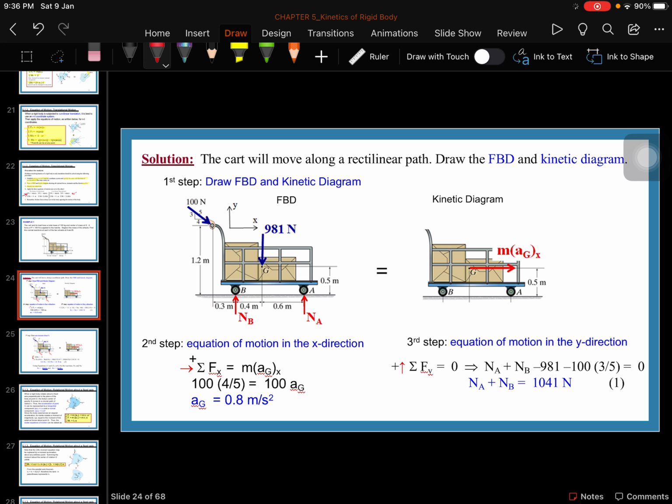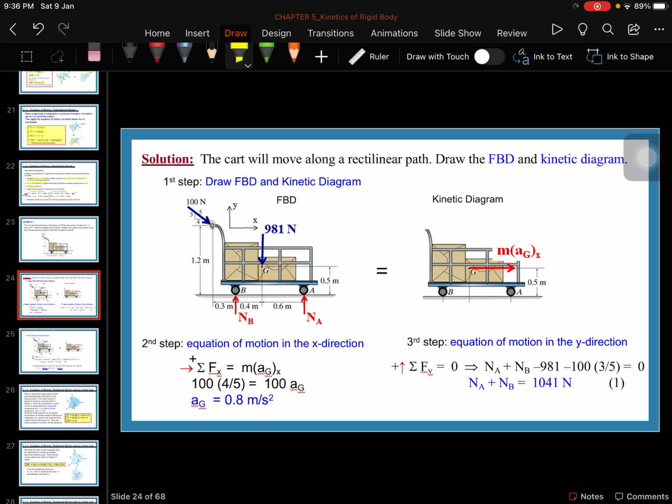So as you can see from the picture, we know that the cart will move along a rectilinear path. Draw the free body diagram and kinetic diagram. So first draw the free body diagram and label all the forces.